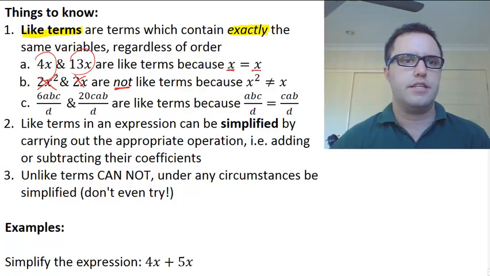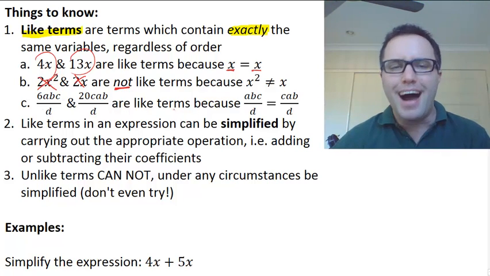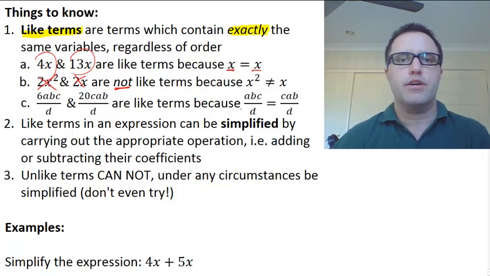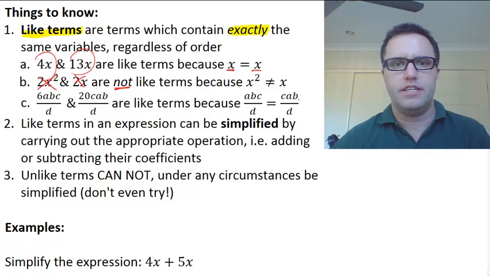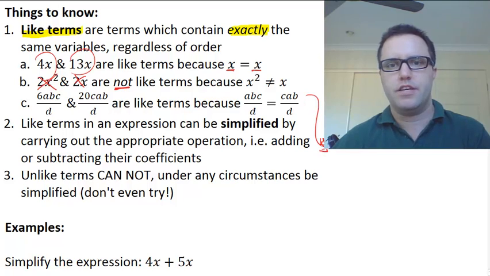Now 6abc over d and 20cab over d are like terms, because abc over d is the same as cab over d. There's a little bit of a reason for that. Remember that 2 times 3 times 4 is 24, and 4 times 2 times 3 is also 24.